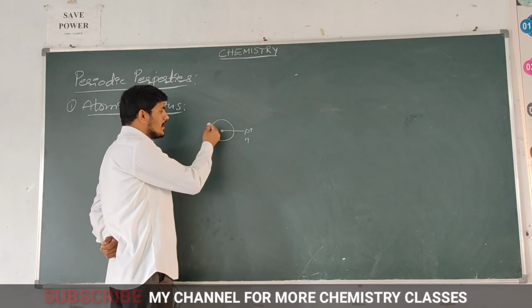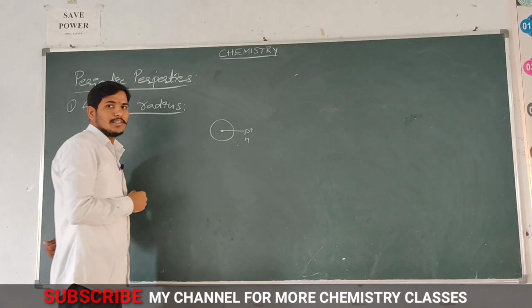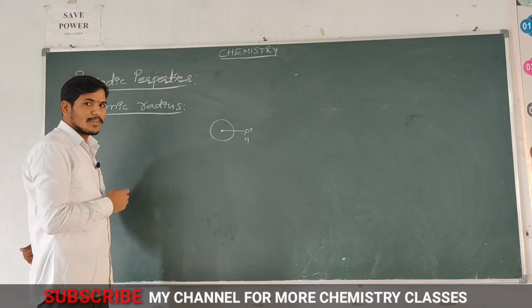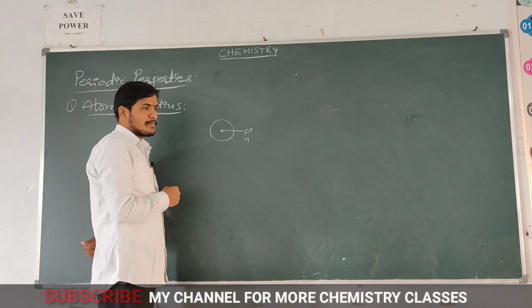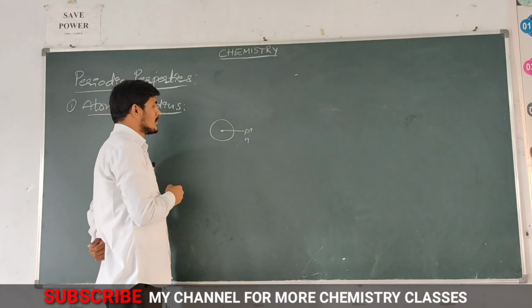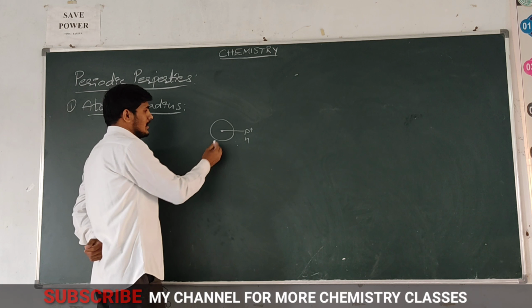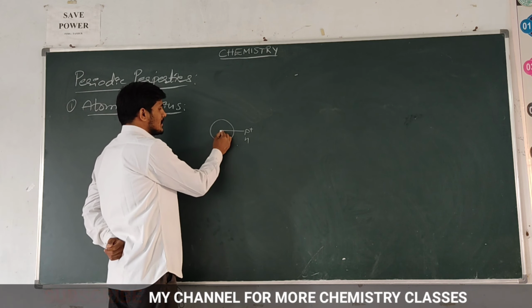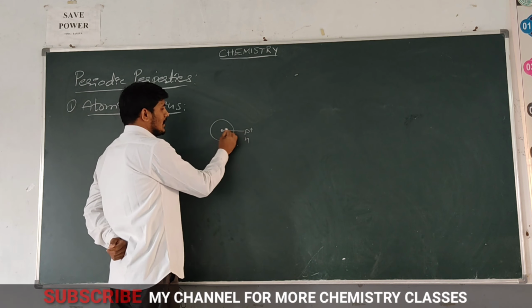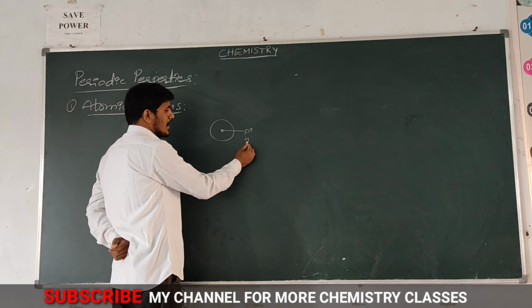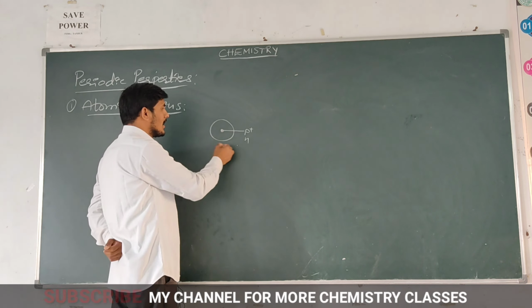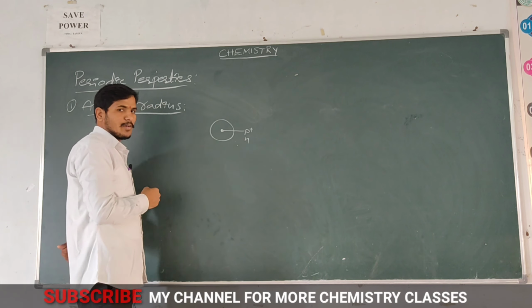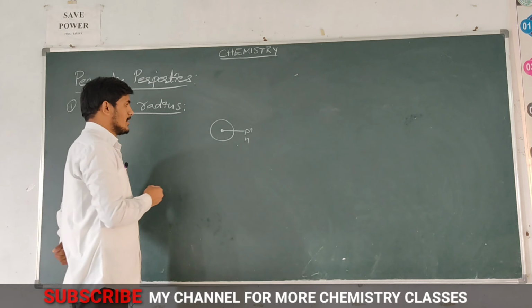Electrons are revolving around the nucleus in circular paths which are called orbits. Here the nucleus is at the center, made up of positive protons and neutral neutrons, and negative electrons revolve around it in orbits.